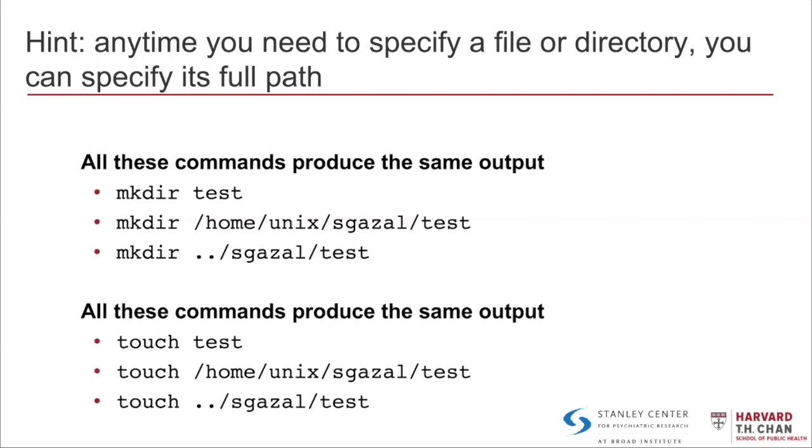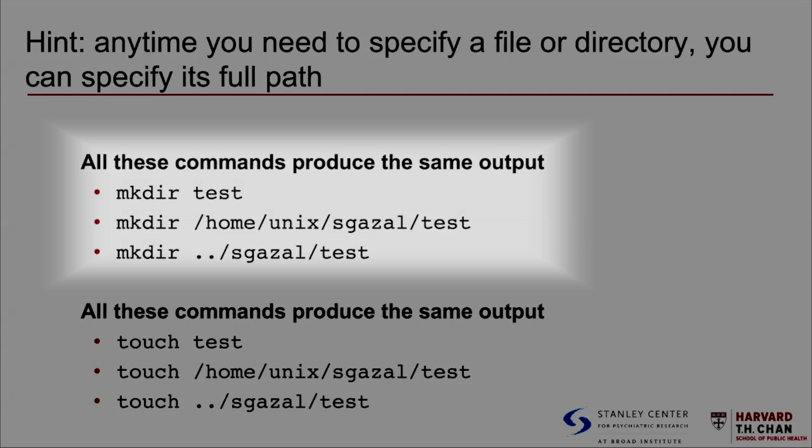One thing to keep in mind is that anytime you need to specify a file or directory, you can specify its full path. For example, here, all these three commands produce the same output. If you type mkdir test and you are in your home, in your personal directory, this is going to give the same output as mkdir /home/unix/sgazal/test or mkdir /sgazal/test, because all these three commands point to the same directory.